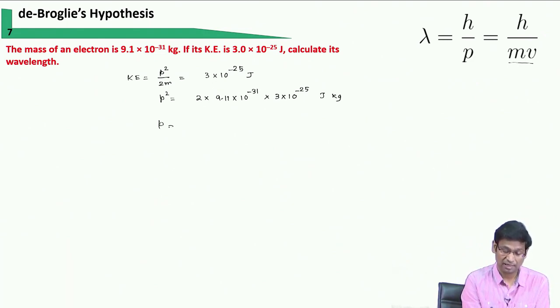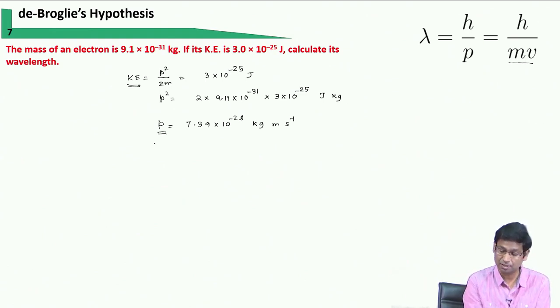So, therefore, I will get p as the square root of this quantity, and the p that would come out to be is 7.39 into 10 to the power minus 28 kilogram meter second inverse. So, now I got the momentum of this particle from the kinetic energy. If I know the kinetic energy, I get the momentum because I already know the mass of this particle.